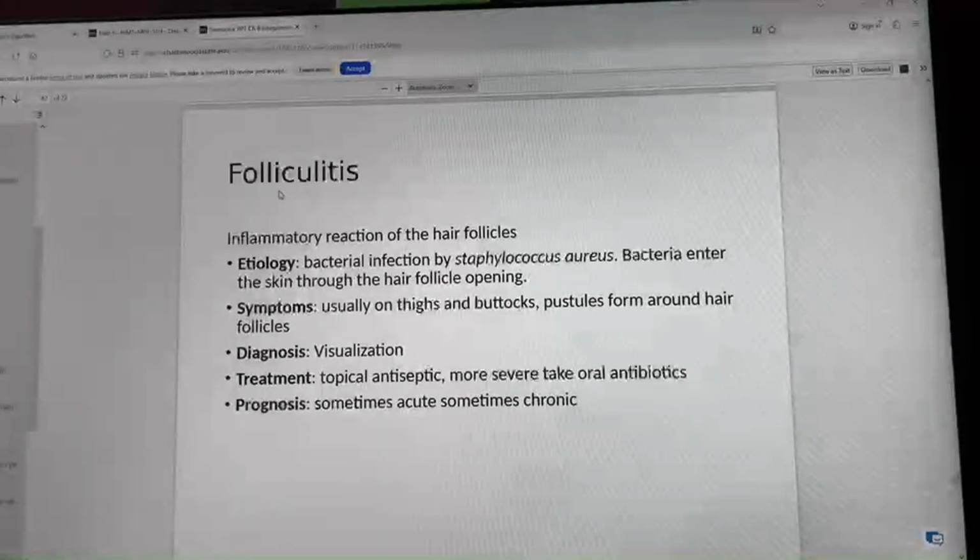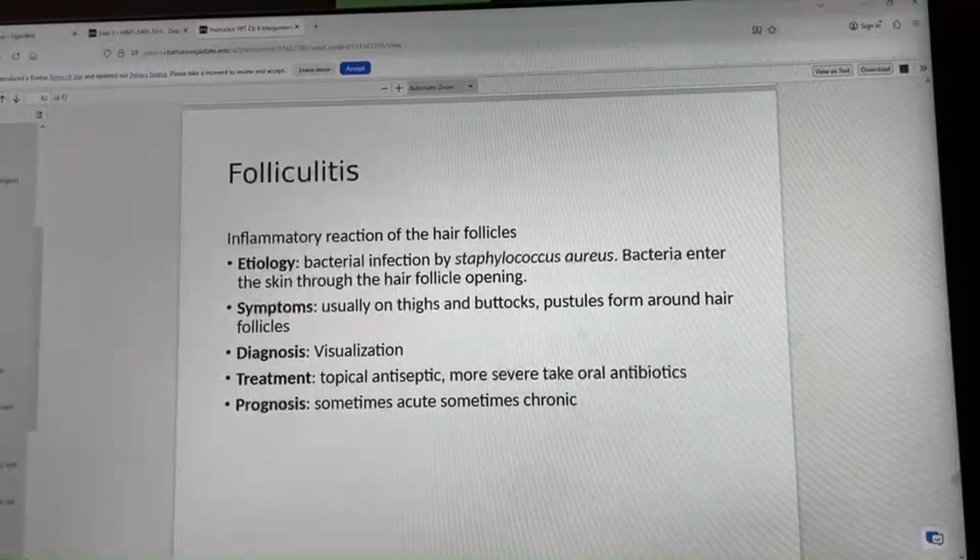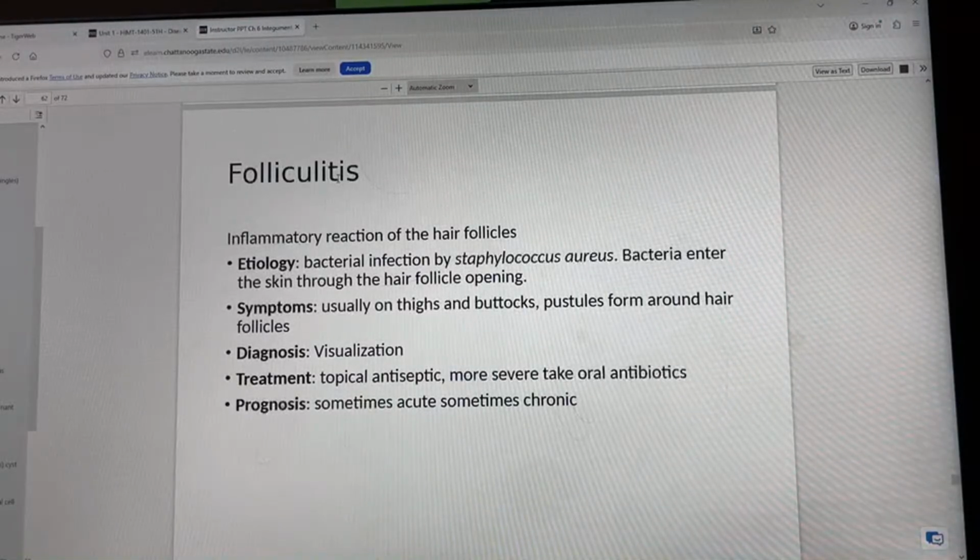All right, folliculitis. This is pretty common. You may have heard of it. It's basically, when you shave, especially men on their beards, because their faces are sensitive, you can get inflammation of the hair follicles. Using a razor anywhere can irritate it. People can get it in their bikini line from shaving down there, you get the bumps. It's the same kind of idea.